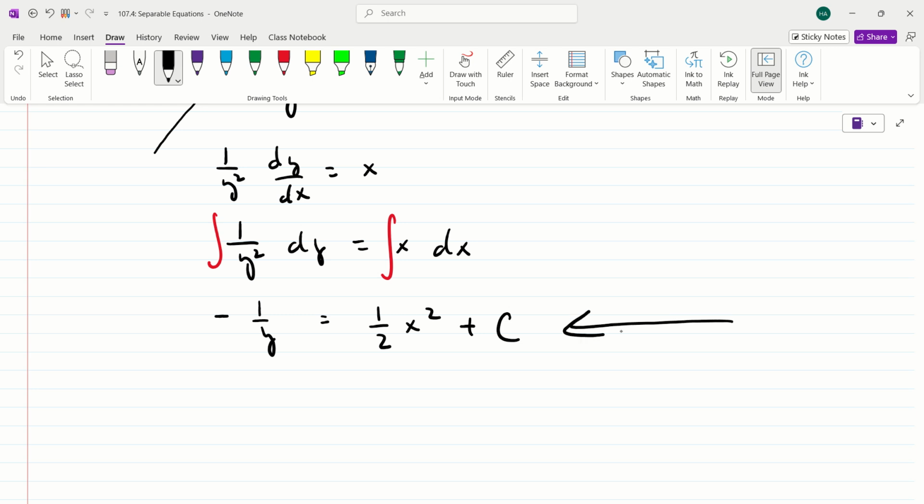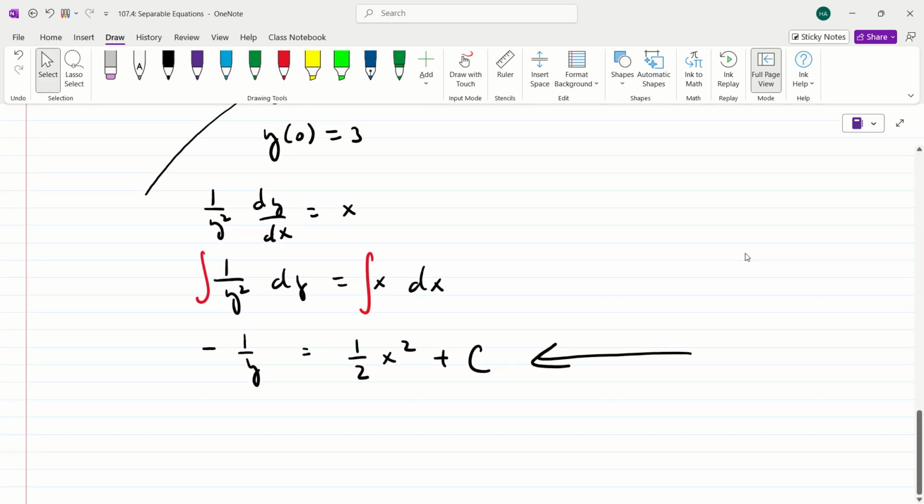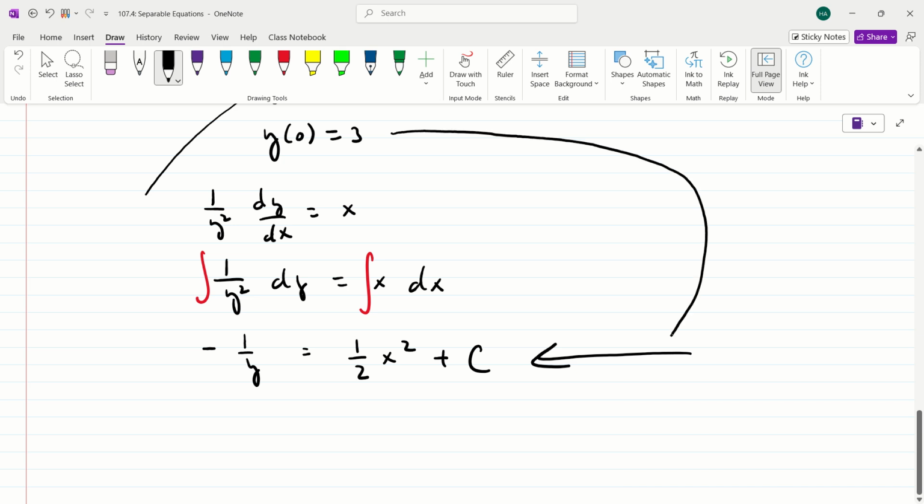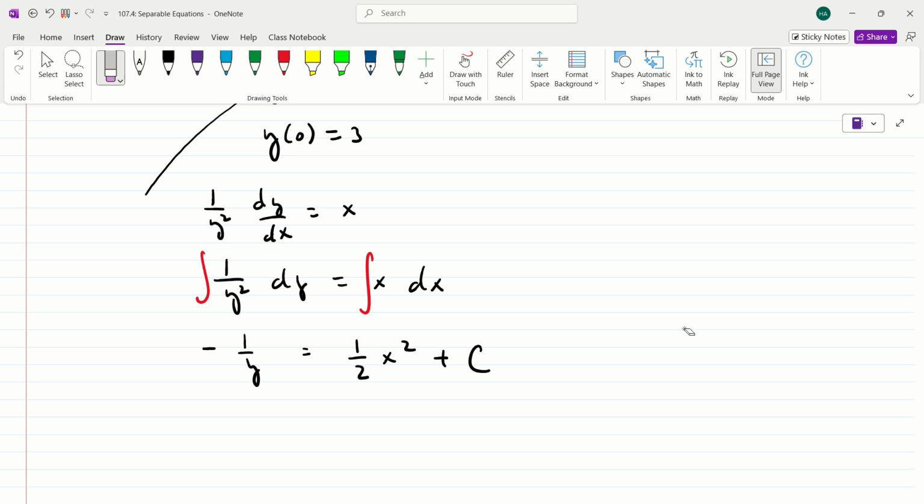At this point of our problem, it would be a good idea to bring in that initial condition and figure out what the value of c is. So we have y of 0 is equal to 3, so we have the point 0, 3 as a point on our solution.